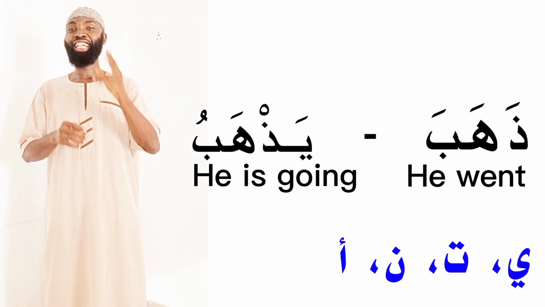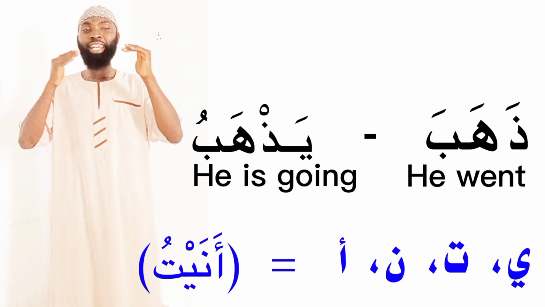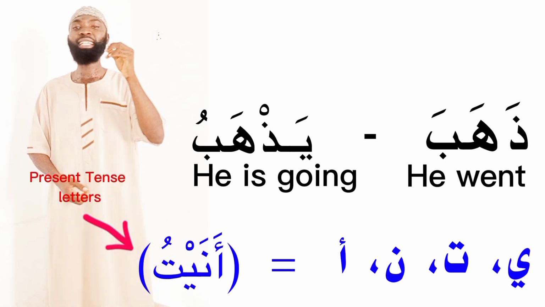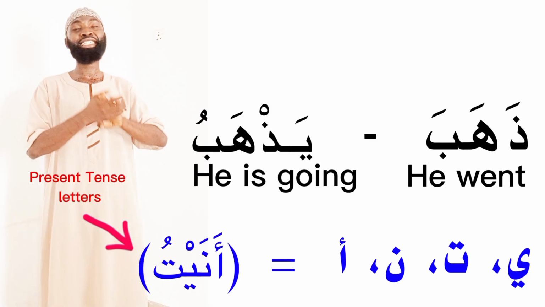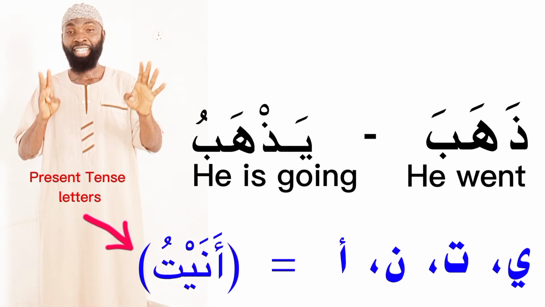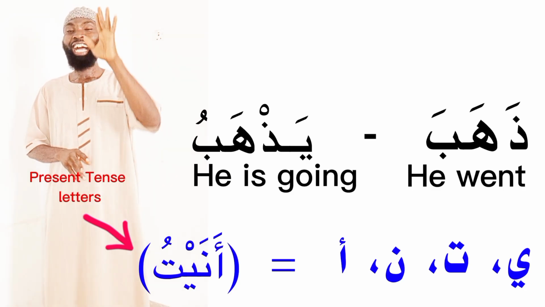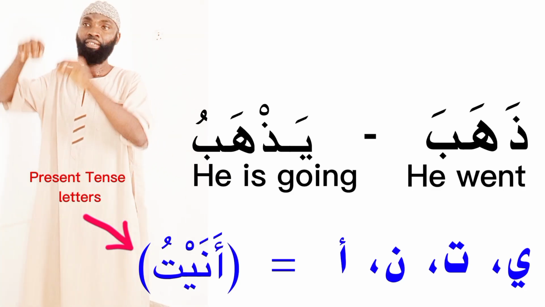All of these letters are joined together to form a single word, aneitu. So when next you think of the present tense letters, just recall that they are formed into a single word, aneitu. So aneitu, Hamza, Nun, Ya, and Ta. So all of the Arabic present tense verbs will begin with one of these.